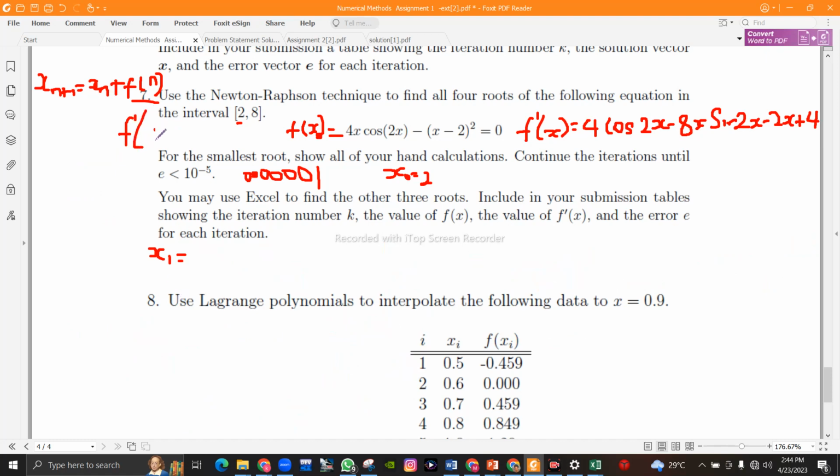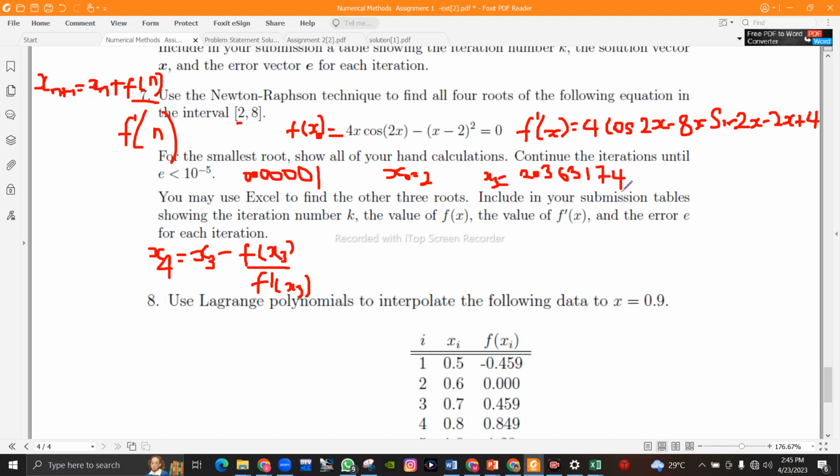This is the formula. So x4 now equals x3 minus f of x3 divided by f prime of x3. And our x3 is what? Our previous value for x3 was 2.363174, I think.